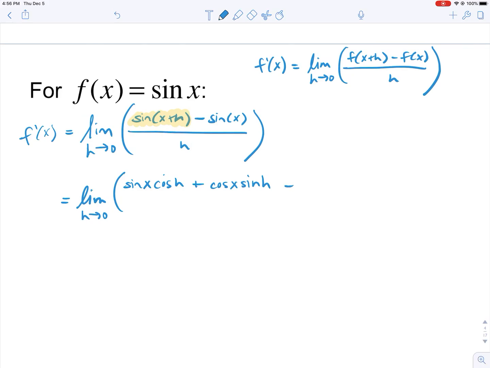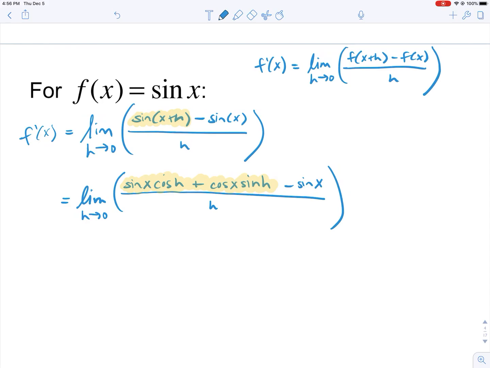And then we still have the minus sine of x. I'm not going to use the parentheses around the argument. It's just one extra thing to write. Okay, so we rewrote the sine of x plus h using the identity. This is what that's equal to.